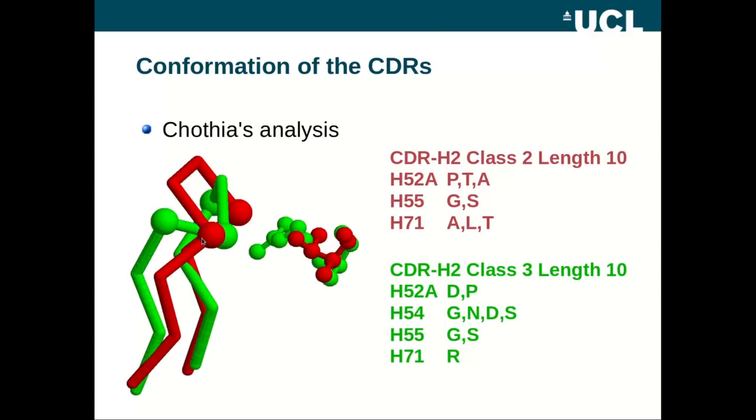So the important thing to remember from this is that these residues outside the CDRs have an effect on the conformation, and we'll come back to that again later. It's important to note, however, that this canonical class model does not apply to CDRH3.